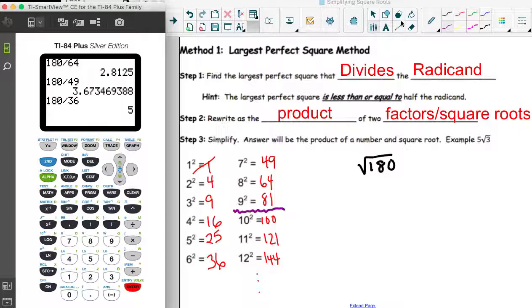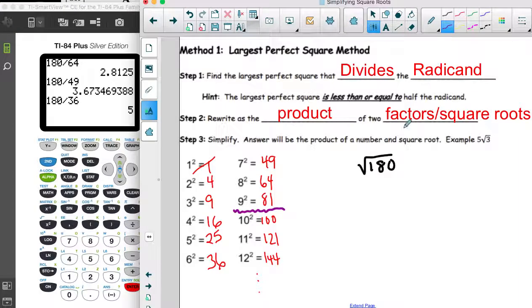So the square root of 180 is the same thing as the square root of 36 times the square root of 5. These are the same numbers because 36 times 5 gives us 180. Now, what is the square root of 36? Well, the square root of 36 we should know is 6. We cannot simplify the square root of 5, and so we have times the square root of 5.